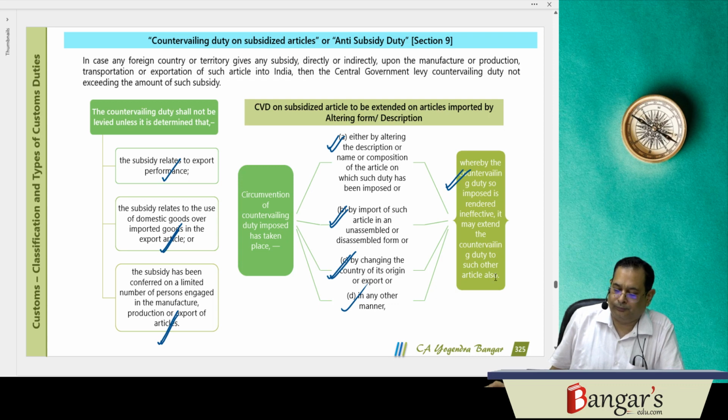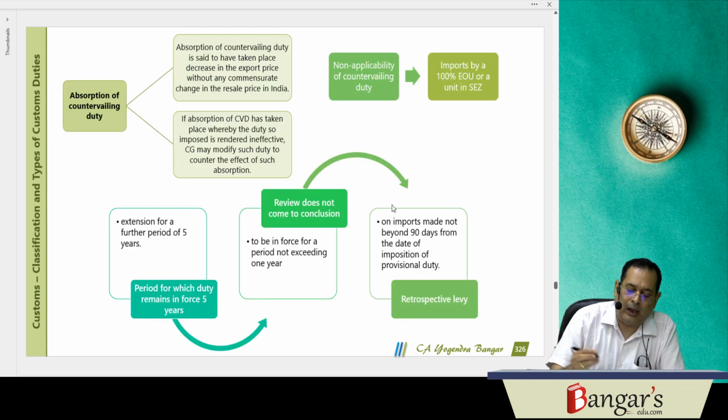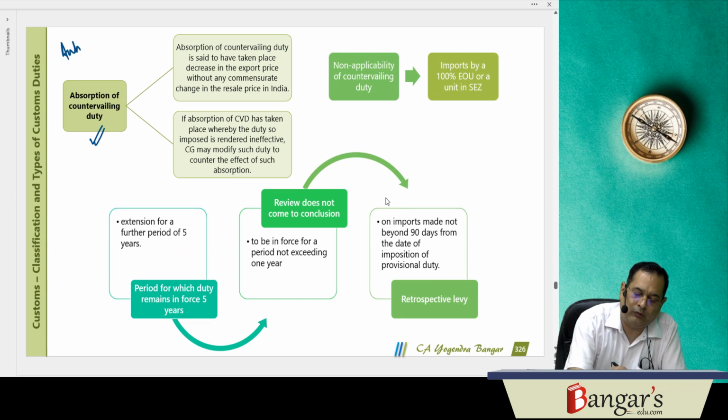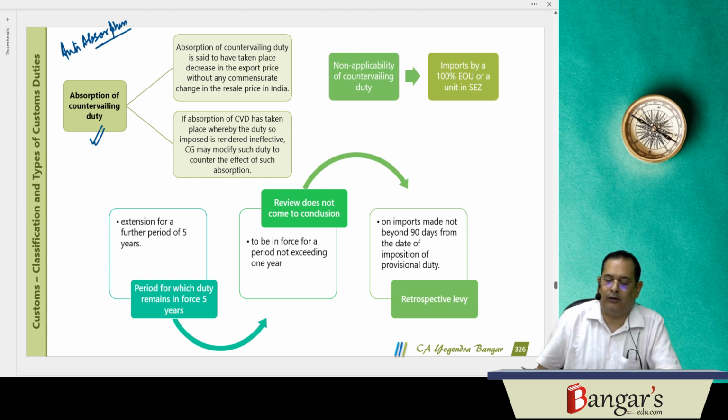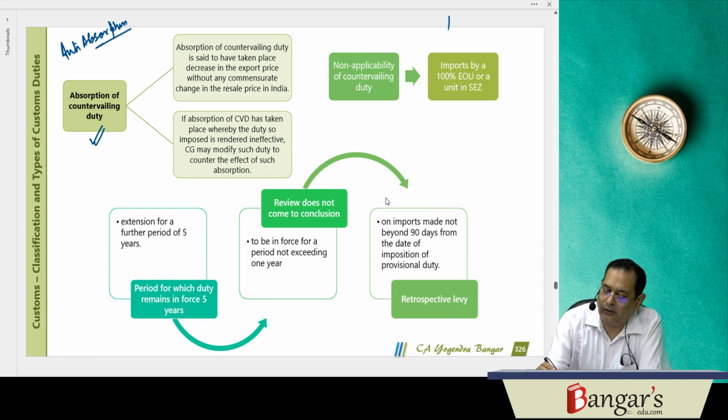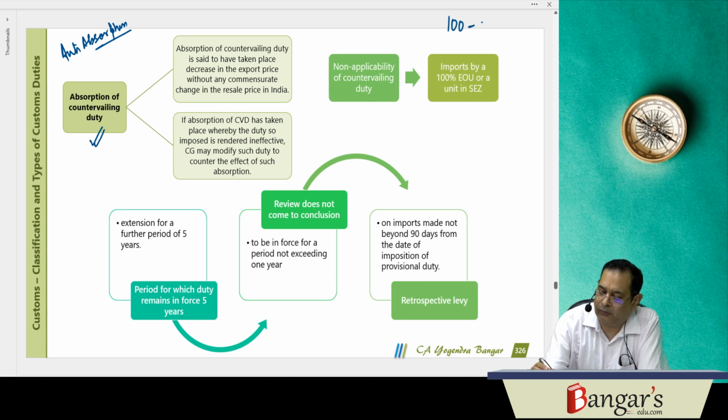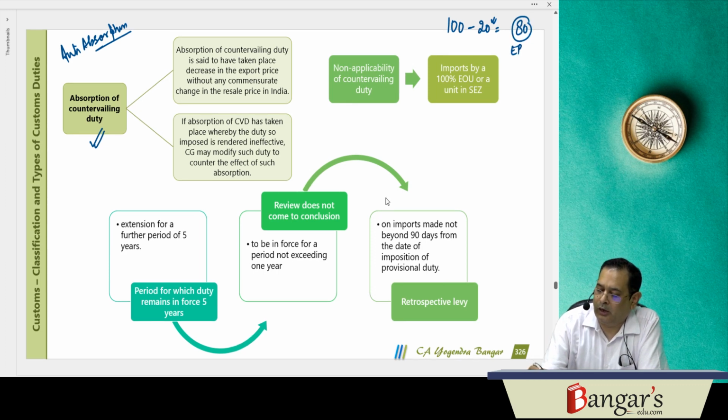Now anti-absorption provisions have also been introduced. Basically what is happening here is, the subsidized article, subsidy was given to the tune of 20 rupees there, then 80 was the export price. Now the government has levied 20 duty.